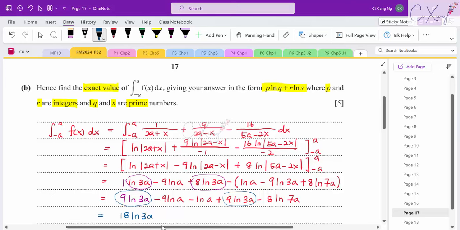What will happen next? The next one is negative 9 ln a minus ln a. This is like negative 9 oranges minus 1 orange, so you have negative 10 oranges. Then after that, we have negative 8 ln 7a.